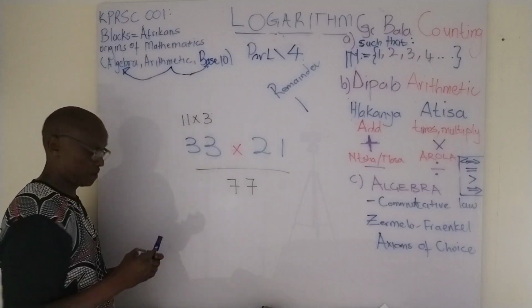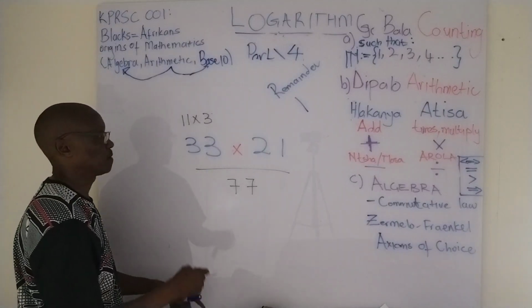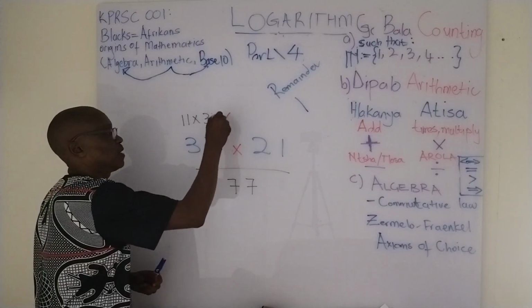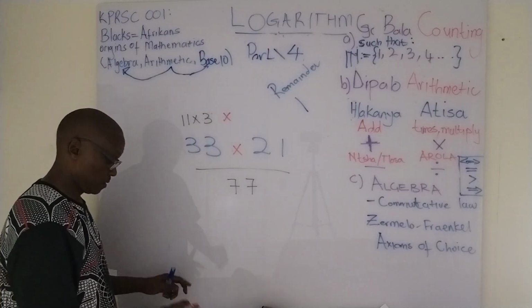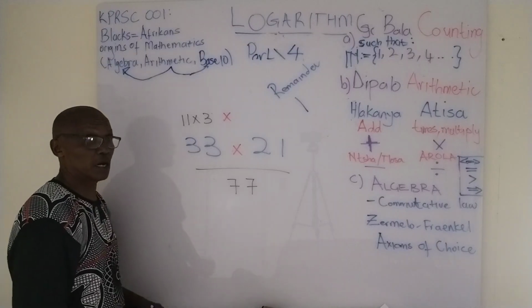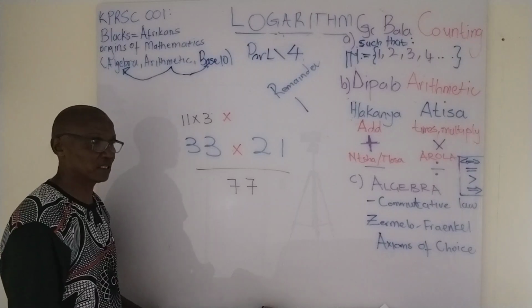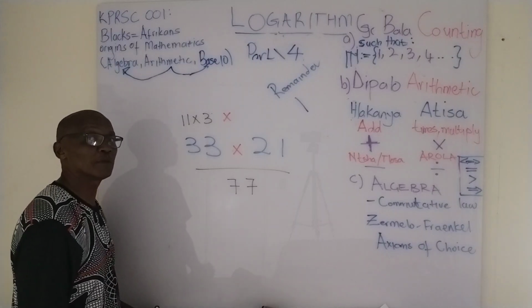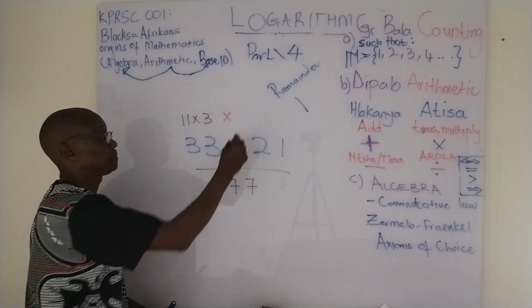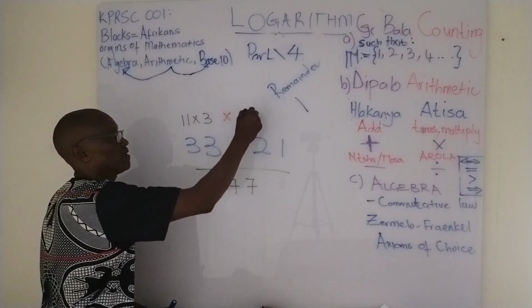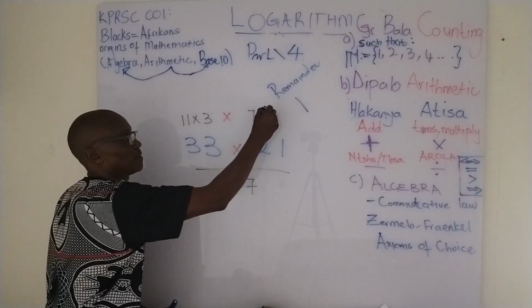That's 33. There's a multiply. Meaning I'm doing factor theorem and remainder theorem at the same time, just by multiplication. This will be 7 times 3.